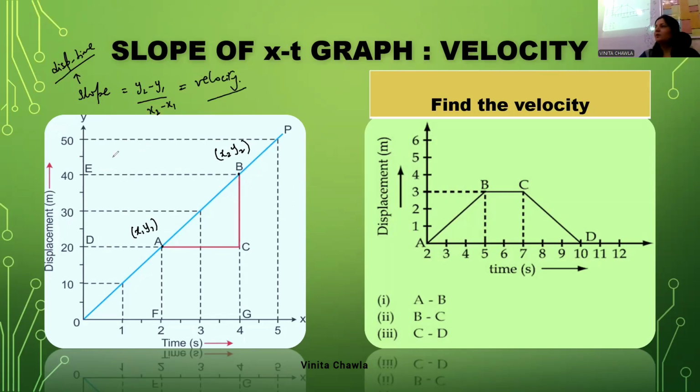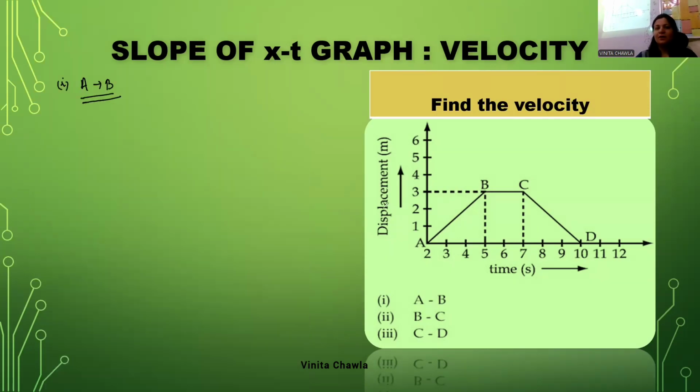Okay. Now do this. Karo, karo. Consider 2 points here. See, this is 2, na? On x-axis we have 2, on y-axis we have 0. And if we consider this point, on x-axis we have 5, and on y-axis we have 3. So we can find slope, yes. So velocity we have to find out, right?